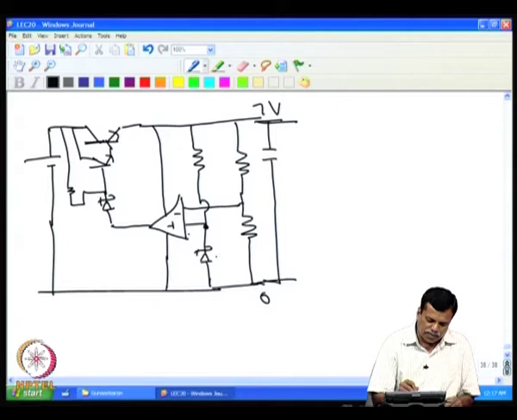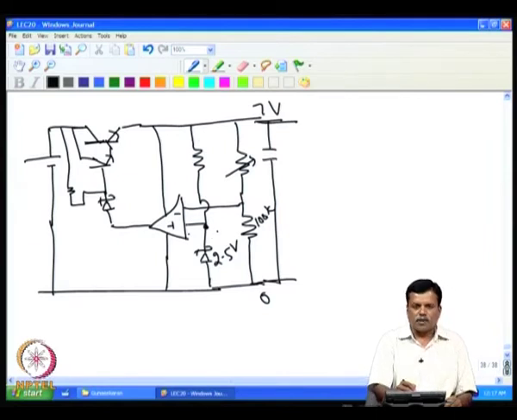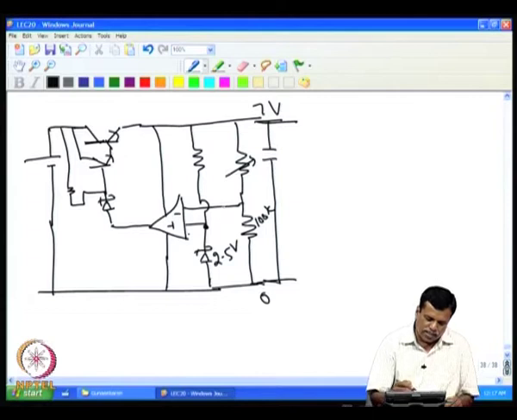For example, we can have a 2.5 volt zener here, and then we can adjust these values. This can be adjusted to get 7 volt, and this can be selected for a required bias current. For example, if we need 2.5 volt at 50 microampere current, in that case this resistance can be selected such that the output is 7 volt.